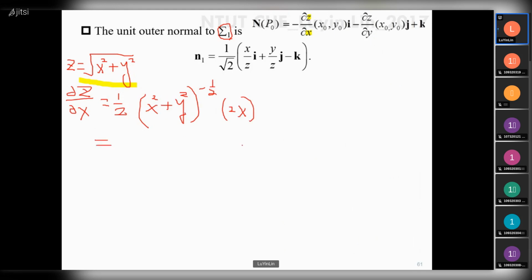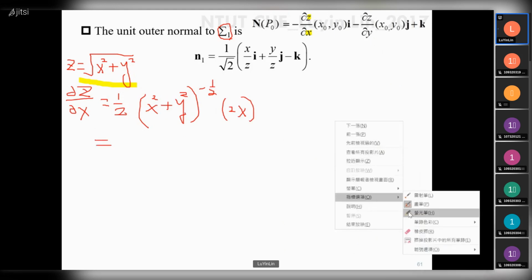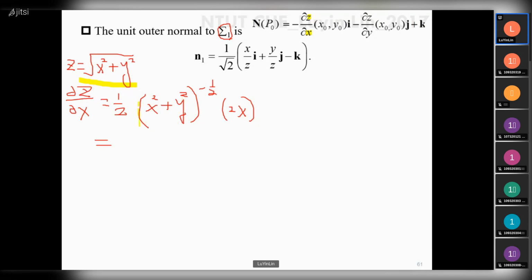So the final, then you have to know this one. What is this one? This one is equal to 1 minus 1 over z, right? Z is this one. So this one is 1 over z. So the final answer, delete 2. Final answer is x over z. Okay, here.